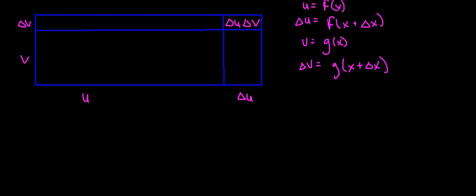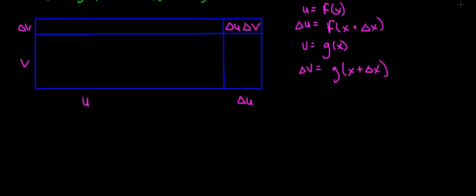So I can treat it as a rectangle, and then I can multiply these two sides together.